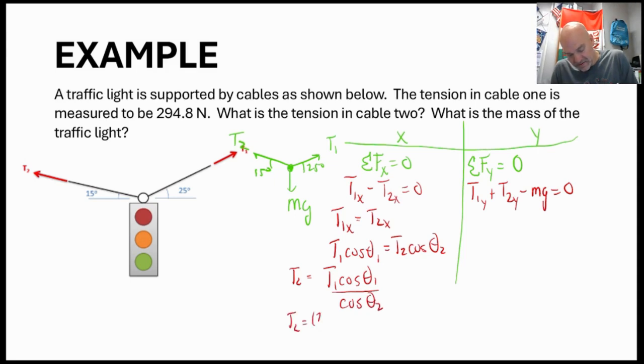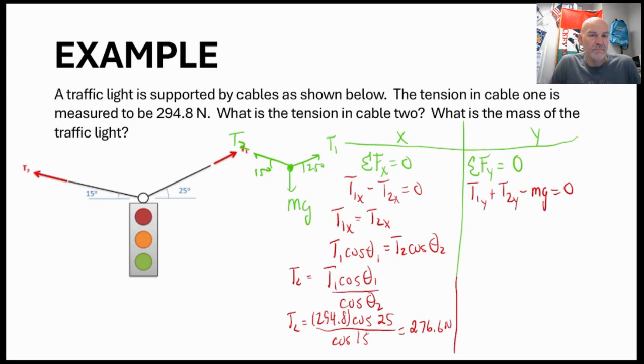Now I can plug in numbers: 294.8 cosine 25 over cosine 15, and it gives us a tension of 276.6 newtons. Makes sense that it's less because the higher the angle, the more tension there is.